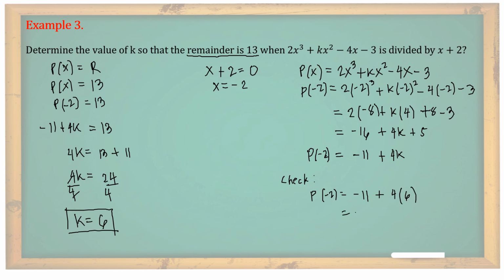So, that is equal to negative 11 plus 24, and that is equal to positive 13. So, therefore, tama yung ating answer dito, class. So, it is correct. The value of k is equal to 6. I hope na-gets ninyo yung ating example number 3.